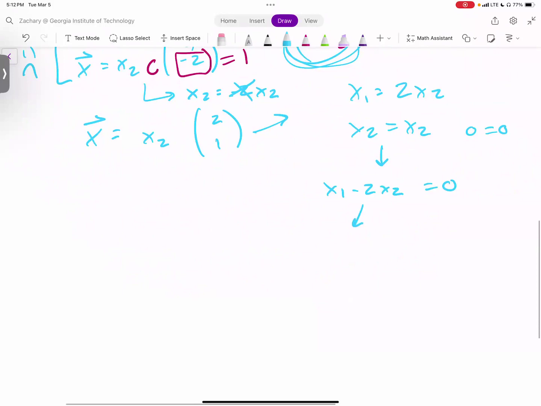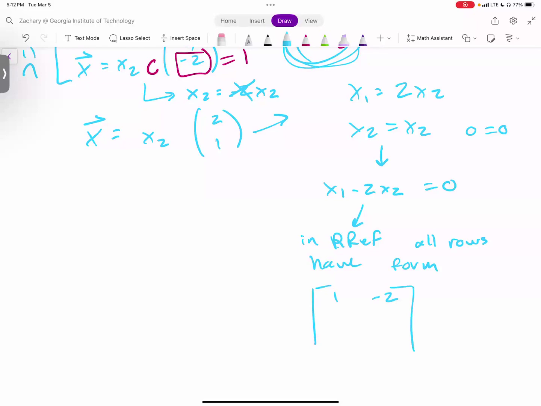So what this tells me is in REF, all rows have form 1, -2. Okay. So that means all of my rows, if the first number is 3, the second number is -6. The first number is -1, the second number is +2.